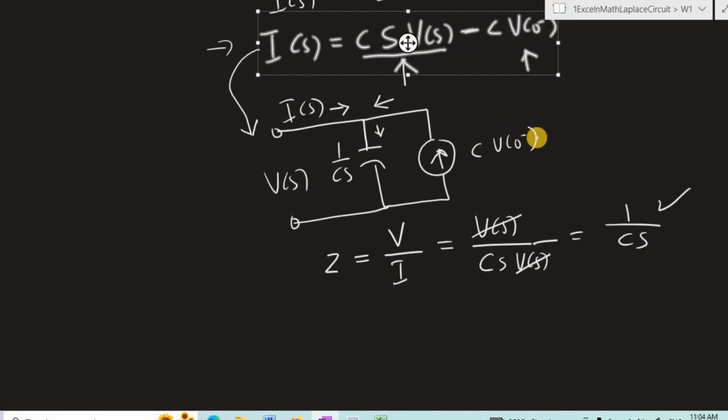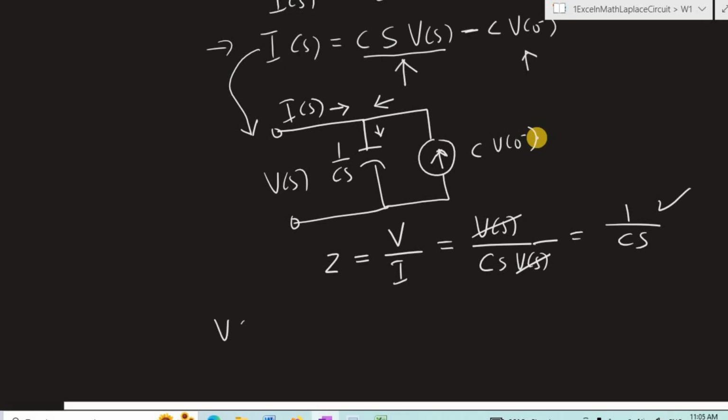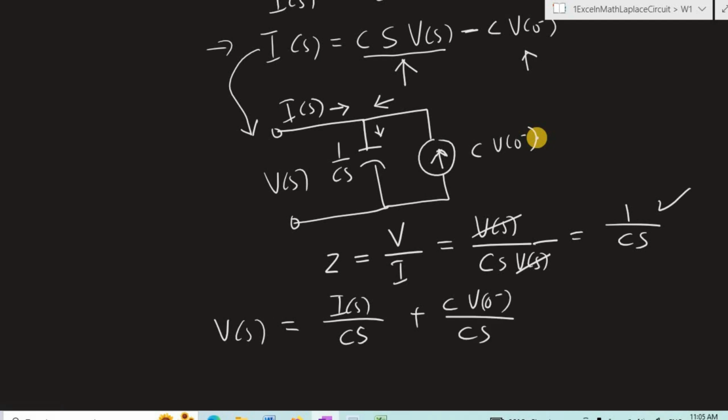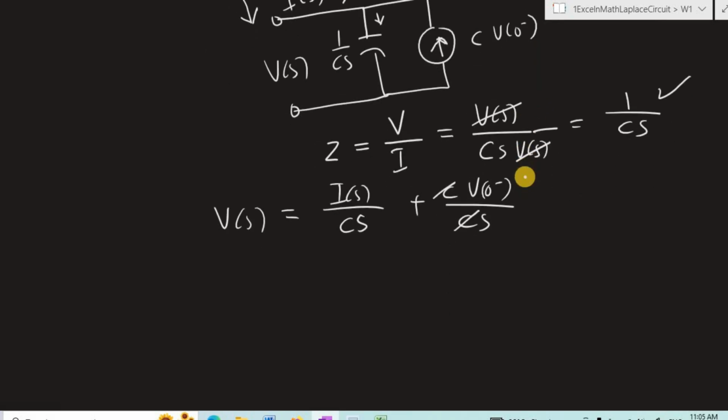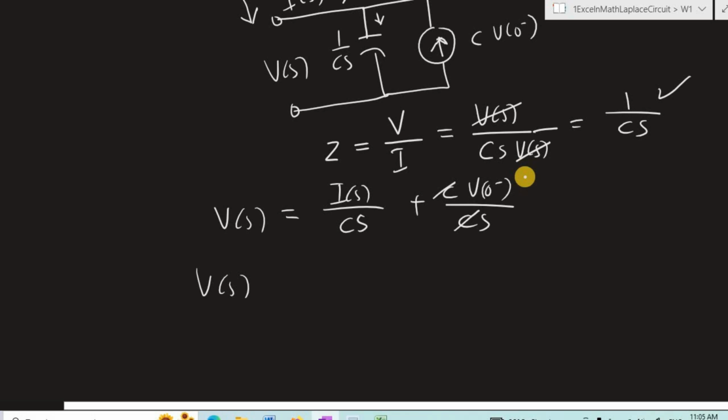If we solve for V of S, we get V of S equals I of S over Cs plus C V0 minus over Cs, and the C and C cancel out, so we get V of S equals I of S over Cs plus V0 minus over S.